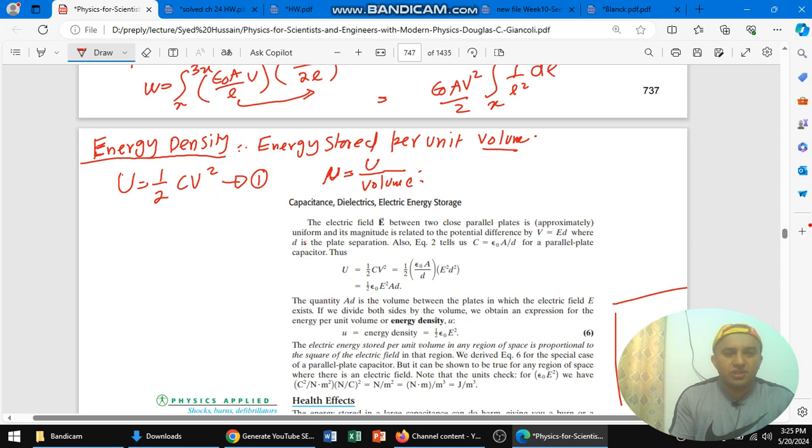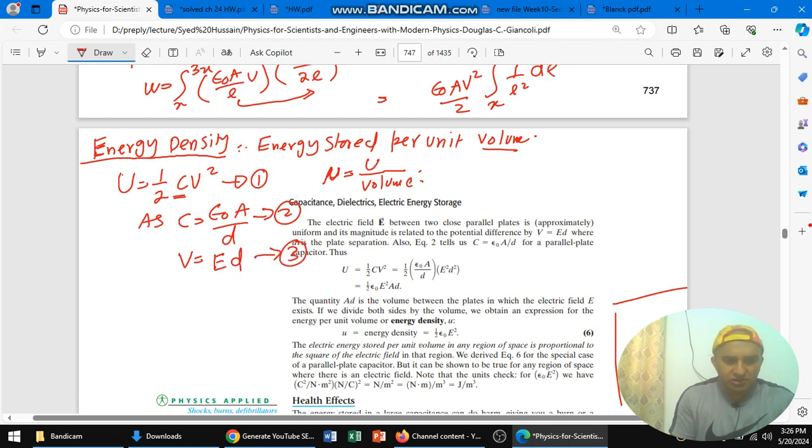Okay, so in order to find the energy density we use the equation energy is 1 over 2 CV square, equation number 1. As we know, capacitance is epsilon naught A over D. This is the formula for capacitance, equation number 2. And we also know the relationship between potential and electric field intensity: V is equal to ED, equation number 3.